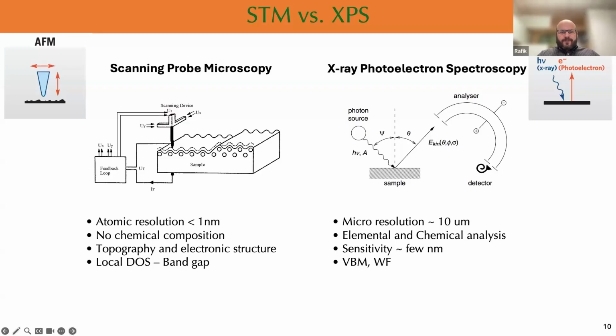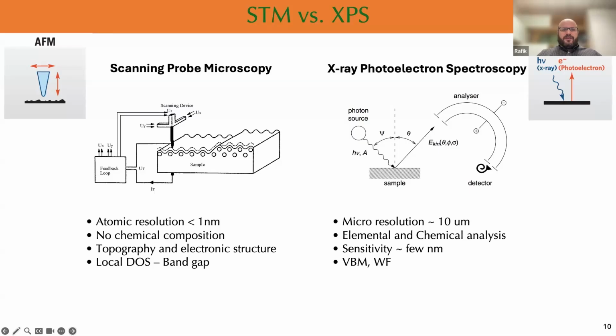How it works: the sample is irradiated with X-rays. Those X-ray photons are absorbed by the core level electrons, which are then ejected from the top 1 to 10 nanometers. With the magnesium and aluminum X-ray sources that I have, I can probe down to 10 nanometers below the surface.